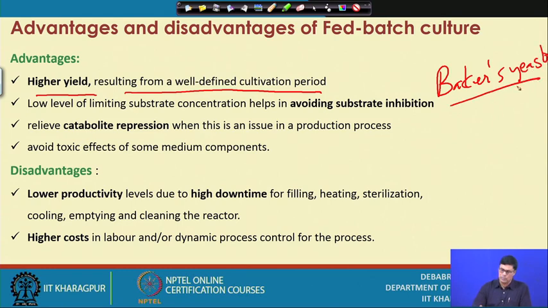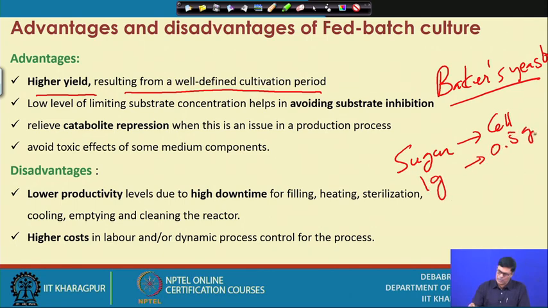In the Baker's yeast fermentation process, what is the stoichiometry we have? Suppose we use sugar as a raw material and sugar is converted to cell, am I right? The stoichiometry is that 1 gram of sugar usually converts to 0.5 gram of cell. So, if we want to increase the amount of cell production, what shall we have to do?